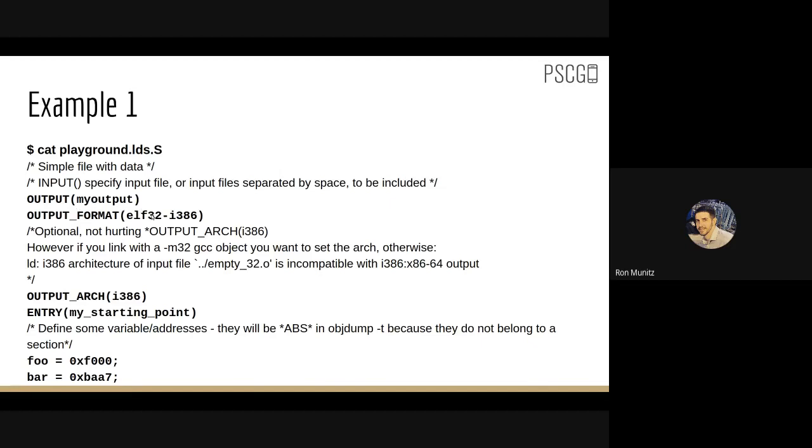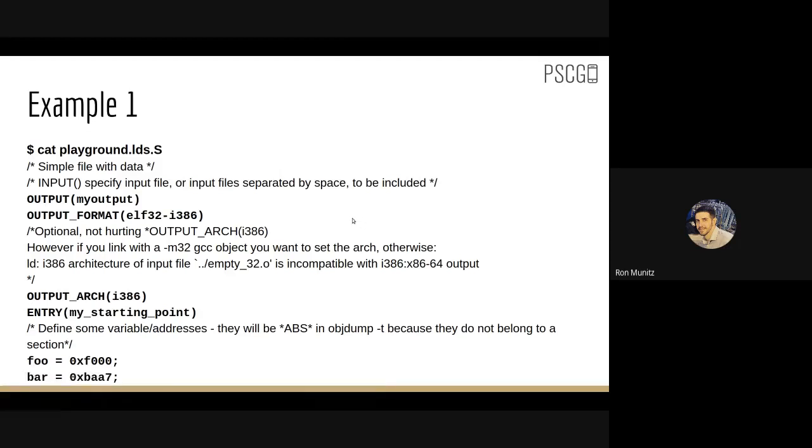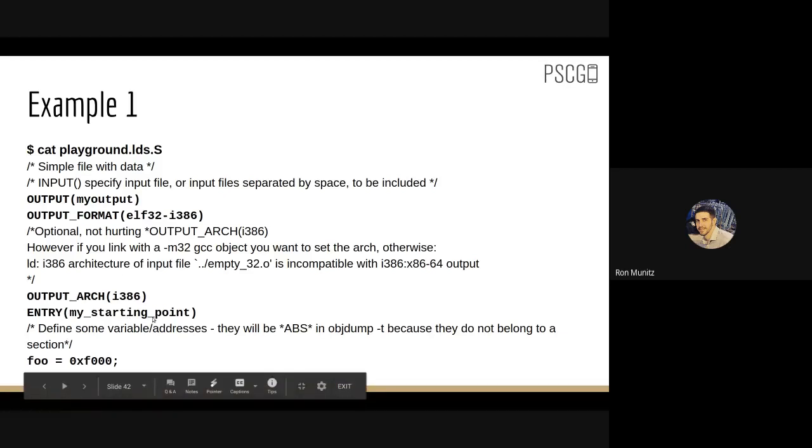OUTPUT_FORMAT elf32 means that I'm going to have an ELF32 container for Intel 32 bits. And here I say ENTRY my starting point. What does this mean? It means that I will be expecting some address that will be my starting point. It needs to be an address.